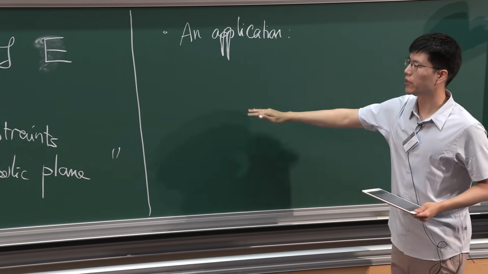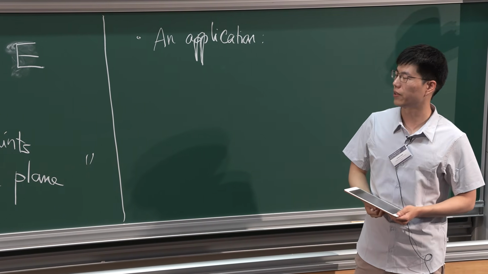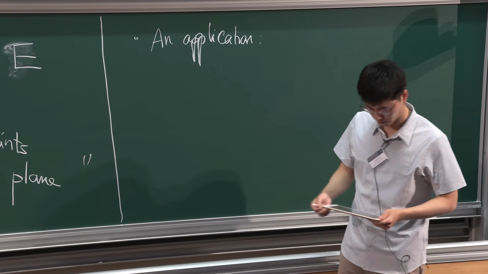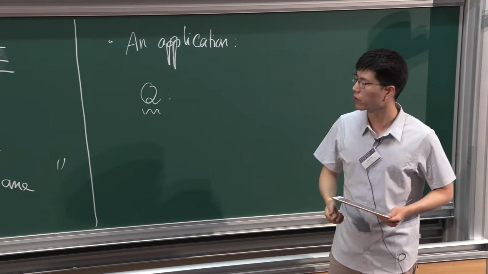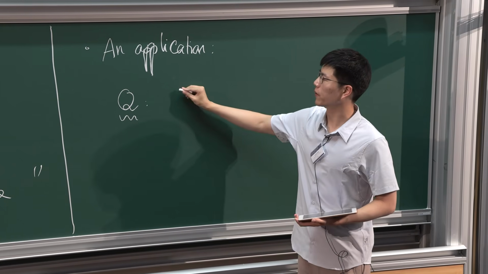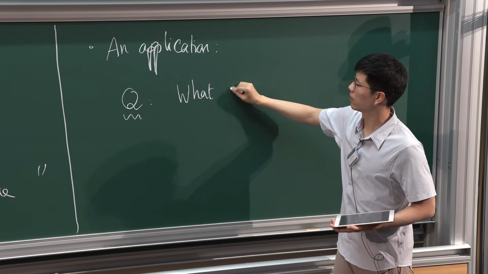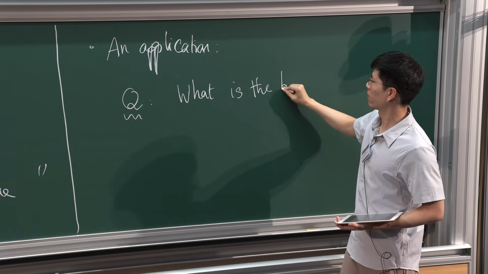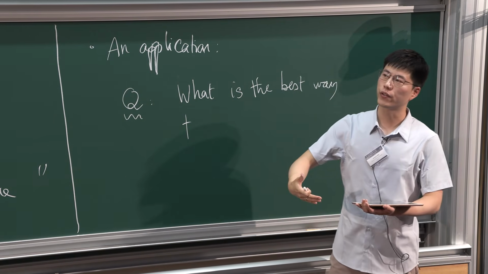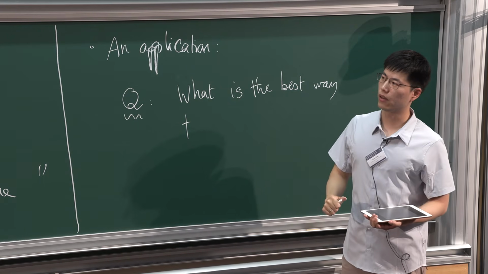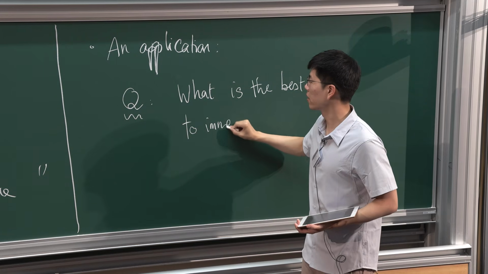So let me give you an application of this kind of construction, which is expressed completely in classical differential geometric terms. And here the background question is the following. What is the best or most beautiful way to immerse a given surface inside some Euclidean space?